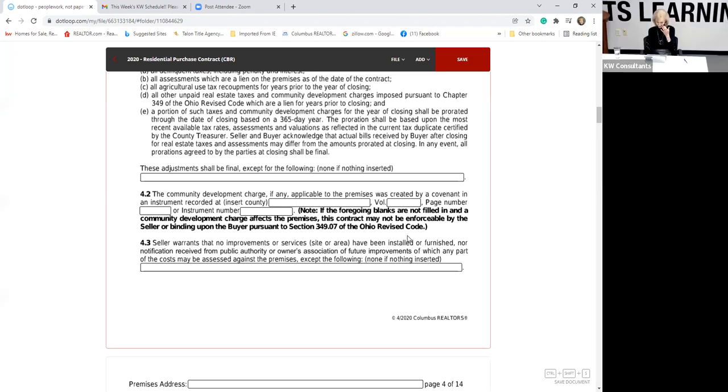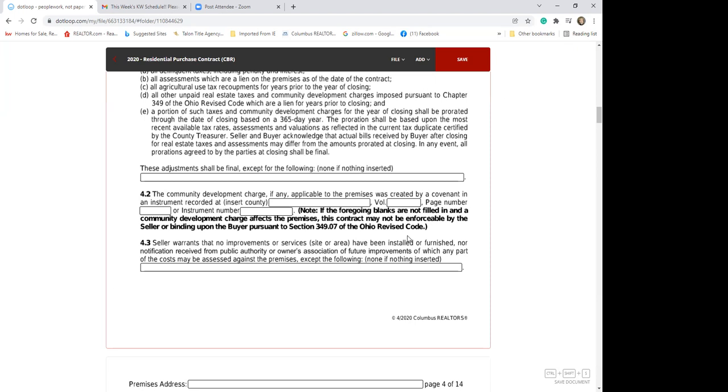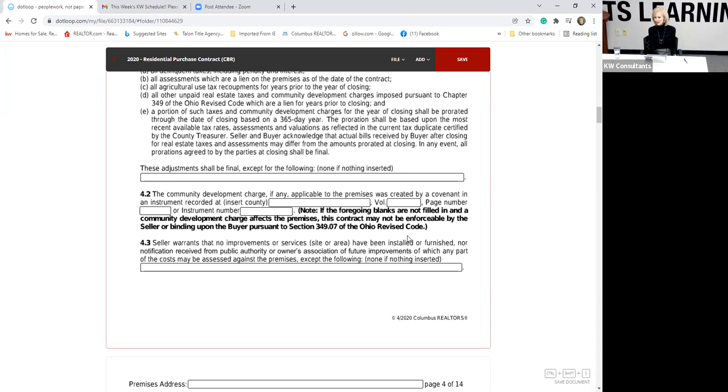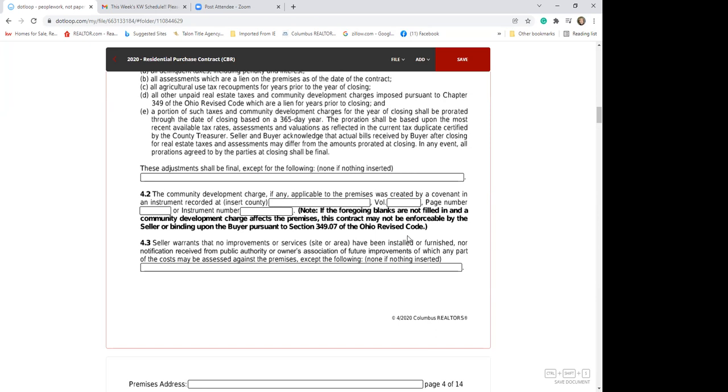It is so true. And Krista, you probably know more about this than anybody on the community development charge. Because if you're the buyer's agent, you're not real familiar what areas do have that. And if you're the listing agent, you just were negligent and didn't put it in. Then you probably wouldn't really find out about it until you got to the closing.